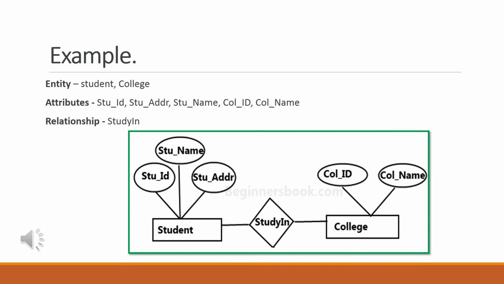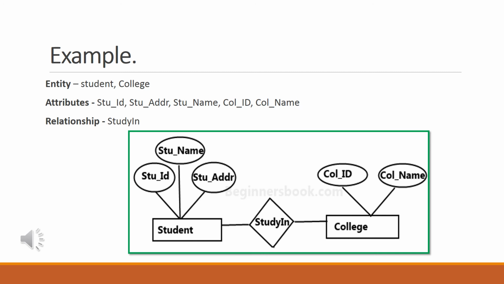So basically, entities are the objects that exist in the real world. That means student and college are the entities, and these are objects of the real world. And the properties that define that particular entity, we represent as attributes. A student can be recognized by his name, by its ID, or by its age or by its address.